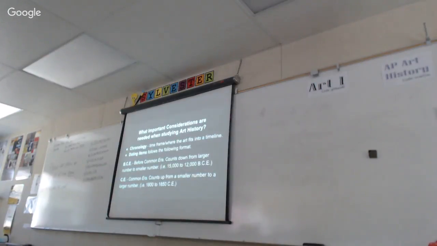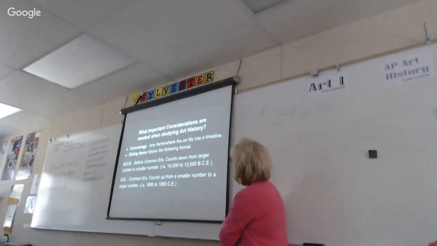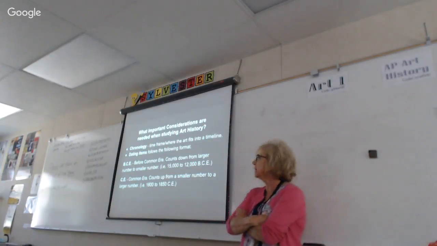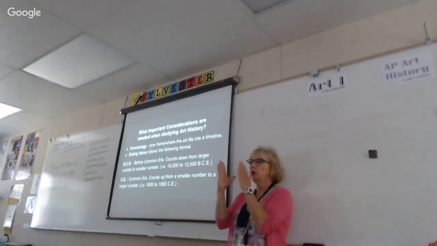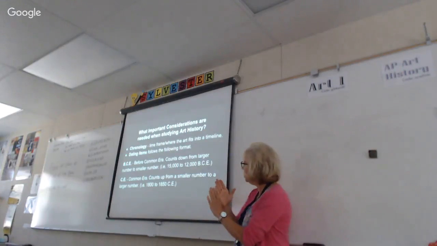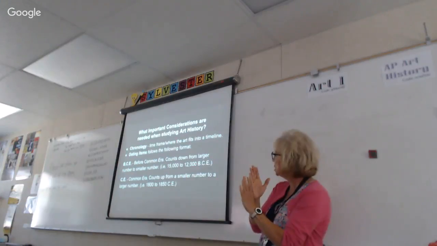Okay, so first we need to understand something called chronology, the time frame and the dating of things. Back in the old days, we had BC and then AD. Both of those were hooked onto the birth of Christ, because the calendar that we use was set up back in the Middle Ages by the church.